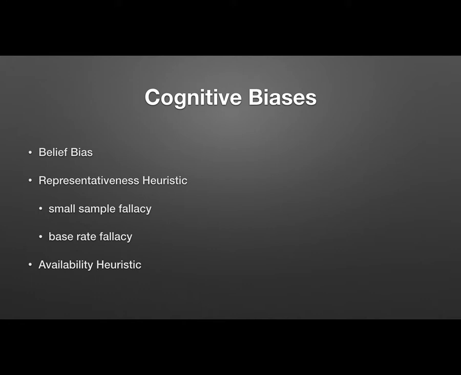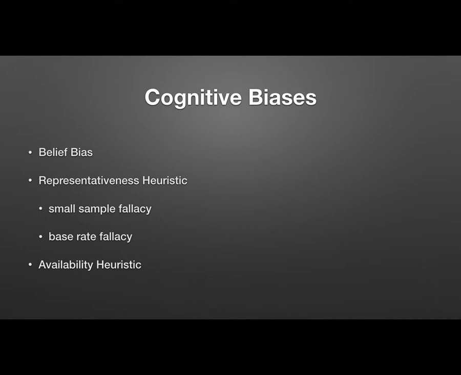You use your prior beliefs to influence how you assess a situation. It's a top-down process, and rather than stopping and thinking, maybe I should just look at the facts of this scenario and not use my previous knowledge, this is part of that System 1 process. Because you've observed things, you have an idea of how things work, you have certain beliefs, this will take place. I'll show you some examples of that in a minute.